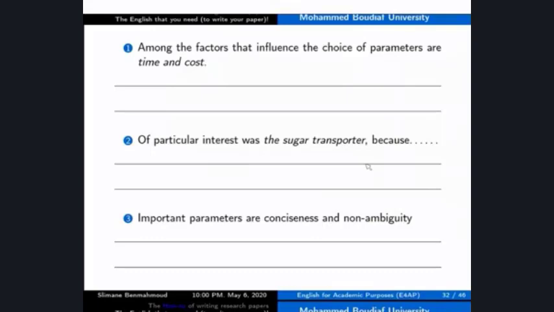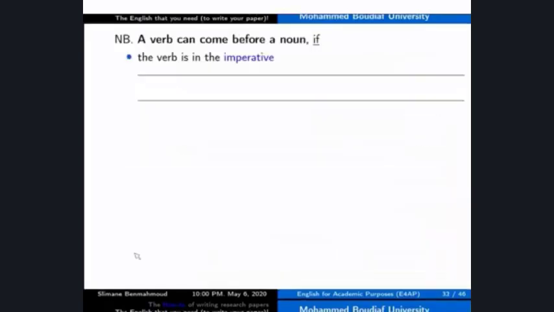Okay, important parameters are conciseness and non-ambiguity. We say conciseness and non-ambiguity are important parameters. Okay, a verb can come before a noun if the verb is in the imperative form.